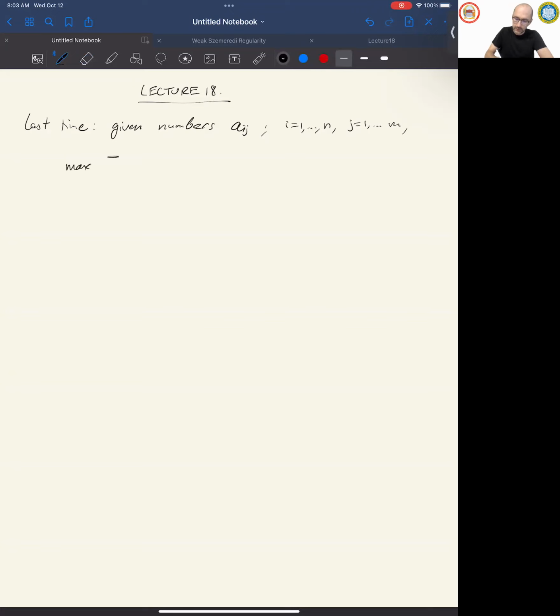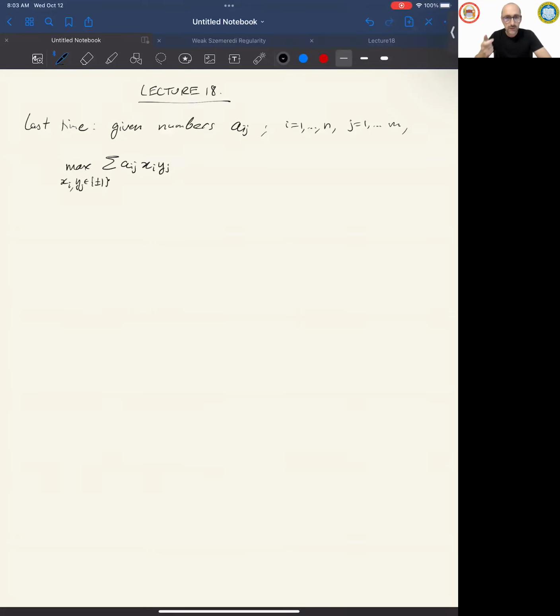the quadratic form, the sum of a_ij x_i, let's say y_j, over all Boolean x_i and y_j, which should be plus or minus 1, let's say. Could be 0, 1, doesn't matter. There are 2 to the n, in this case even 2 to the n times 2 to the m different configurations of x_i and y_j.